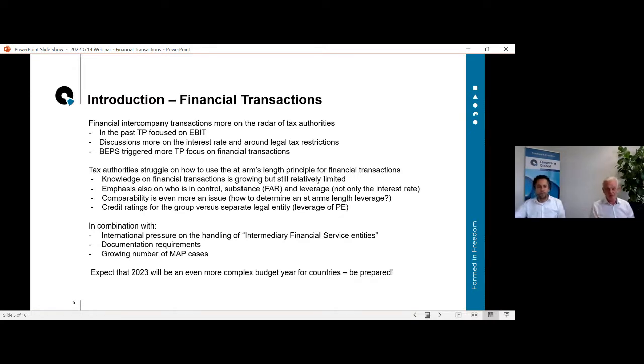Therefore, we started 5 or 6 years ago with our financial team, because we foresaw that this would be happening. And what I see with tax authorities is that they still struggle with it. The knowledge of financial transactions and everything behind it is still rather limited. I have some examples. If you look at the current Dutch decree, which has a chapter on financial transactions, then you see that they are still struggling with how to cope with control, who's getting the benefit of it.